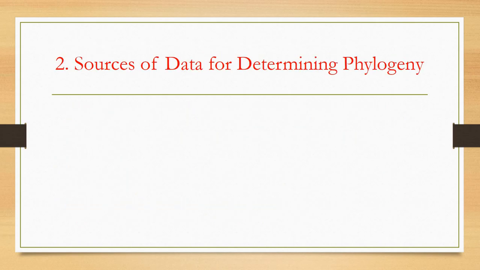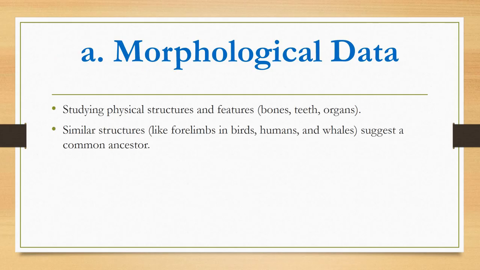So where do we get the sources of data for determining phylogeny? Here are our sources. Number 1, morphological data. Studying physical structures and features: bones, teeth, organs.